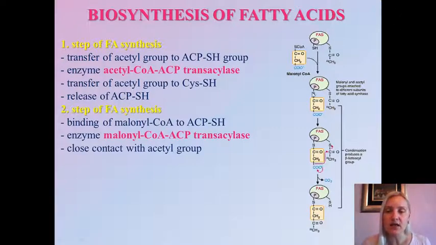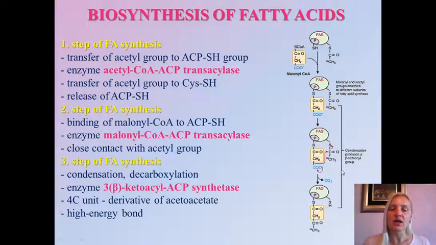This is the first subunit, this is the second one, but at opposite ends. The result is that the malonyl and acetyl residues are now positioned very close to each other, which enables an easy chemical reaction described by step number 3.